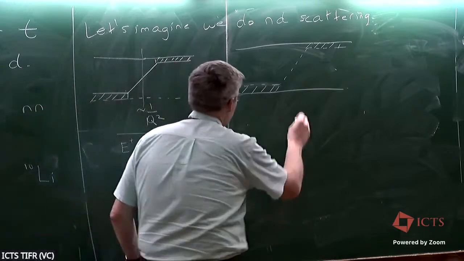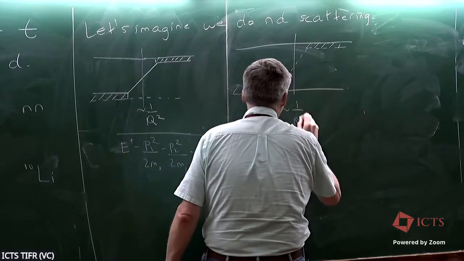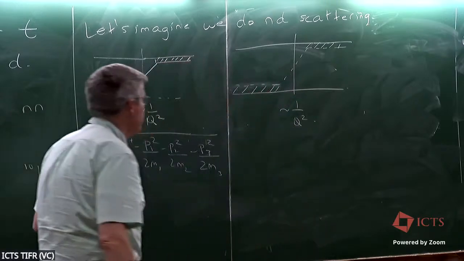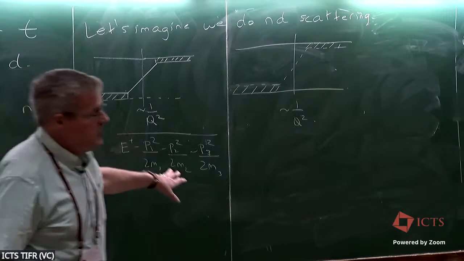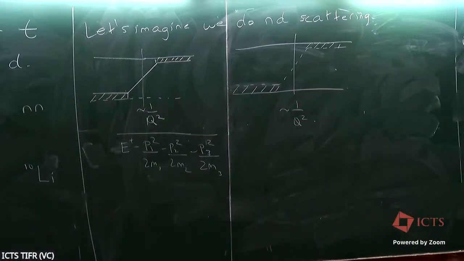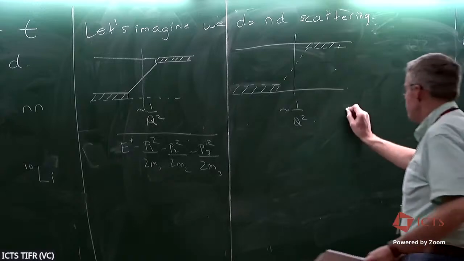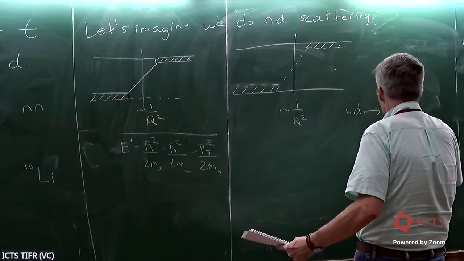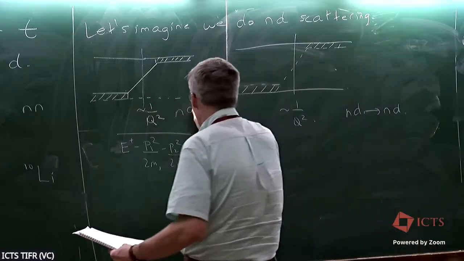And the same thing is true over here. So we actually need to consider both of these mechanisms when we think about 3-body scattering. Of course, this one keeps you in the same channel. This one lands you in a different channel.